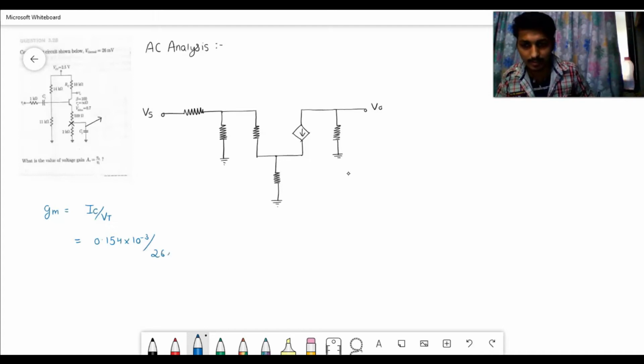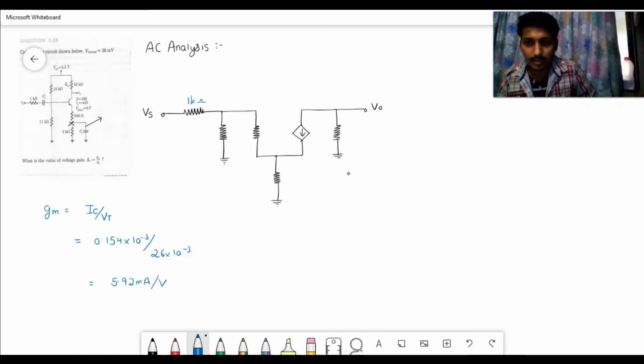VT is 26 into 10 raised to minus 3. It comes out to be 5.92 milliamps per volt.